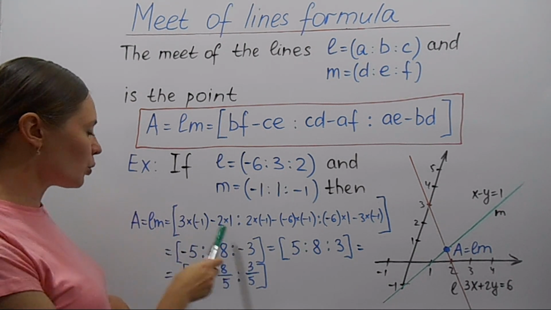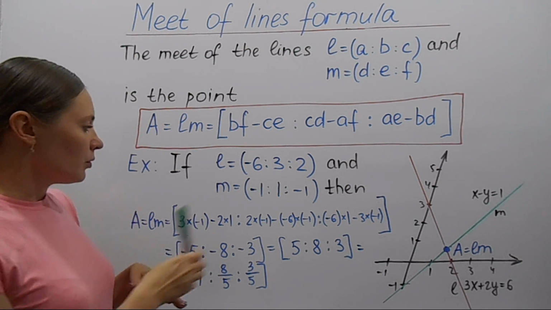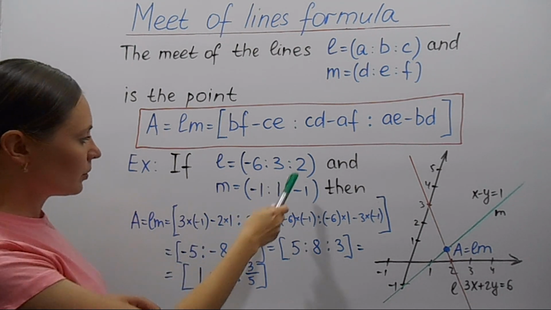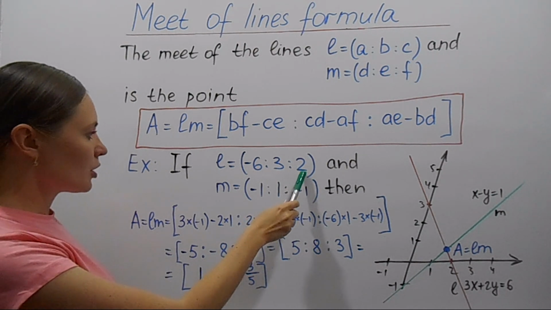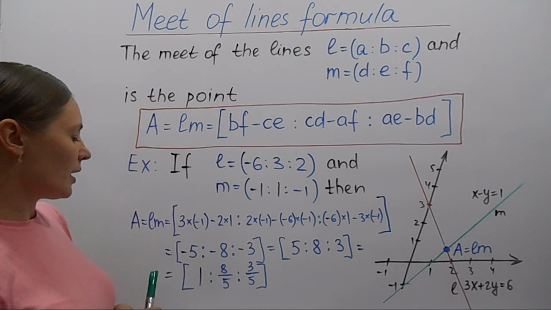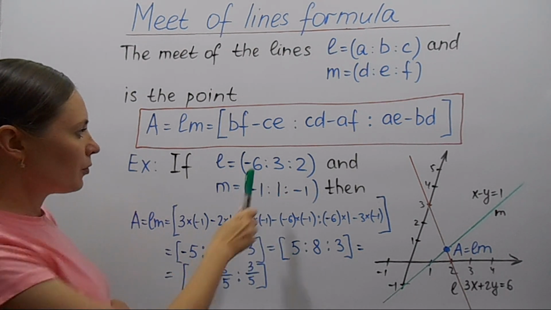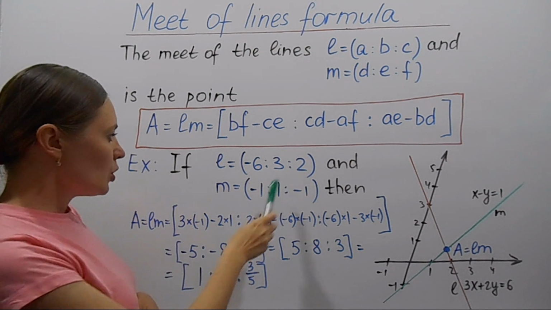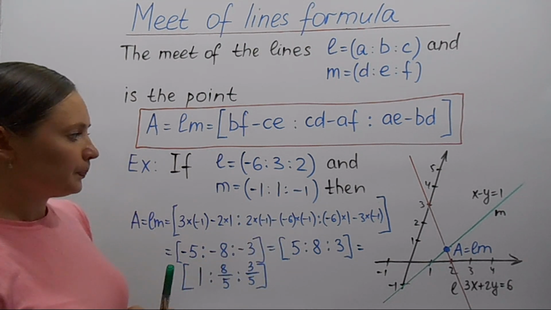There are 3 components. The first one involves the second and the third entries of these 3 proportions. So 3 times minus 1 minus 2 times 1 is here. Then the middle entry is obtained from the first and third entries. So it's 2 times minus 1 minus minus 6 times minus 1.